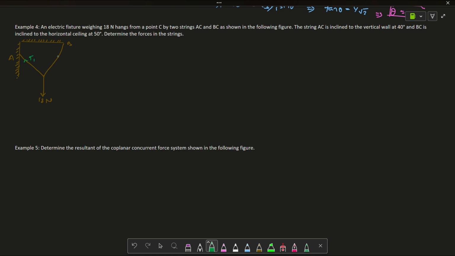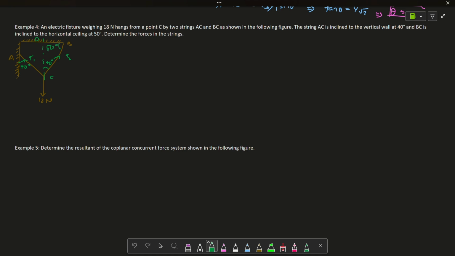This one has T1, this one has T2. The angle here is 50 degrees, the angle here is 40 degrees, and the angle here is as well 40 degrees. This point is C. This extended line has a point D here. Everything is okay, right?